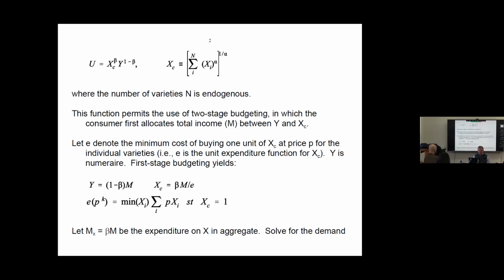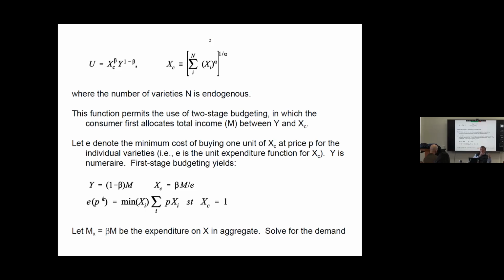And so this first stage budgeting yields the following, this very standard Cobb-Douglas result. The price of Y is 1, so Y demand is just 1 minus beta times income. And X is beta times income divided by the price index for the composite commodity.